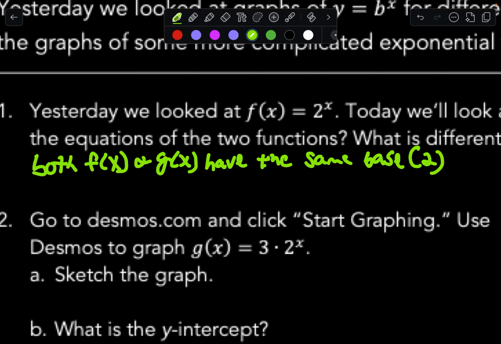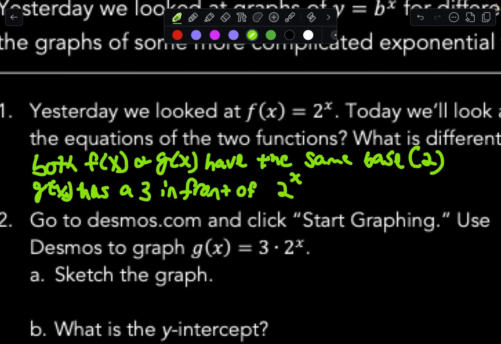They are both 2 to the x. G of x has a 3 in front of 2 to the x, and that's the difference.